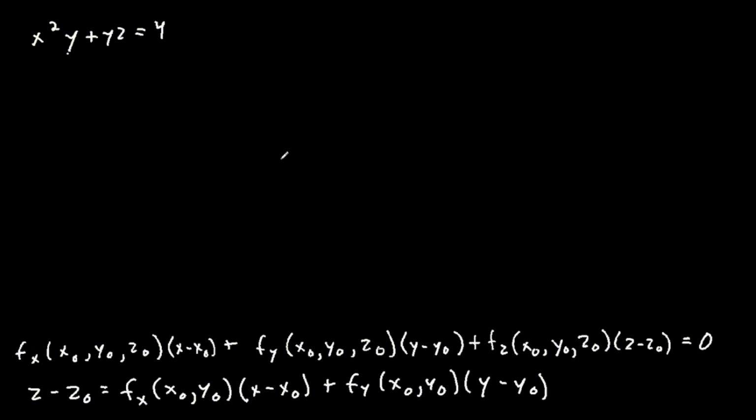And when you see a function like this with three inputs equaling a constant, you're going to use this format of the equation for the plane. And for a function that takes in just two inputs and equals our output z, it will use this format for the equation.